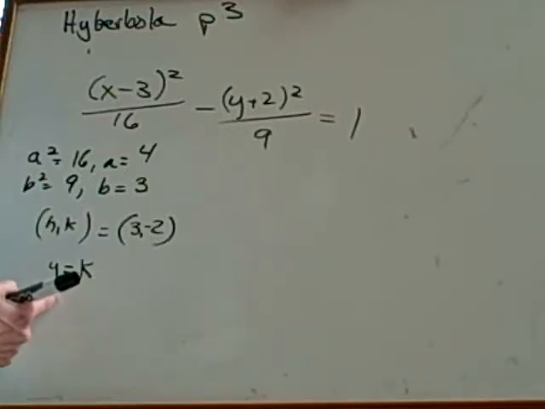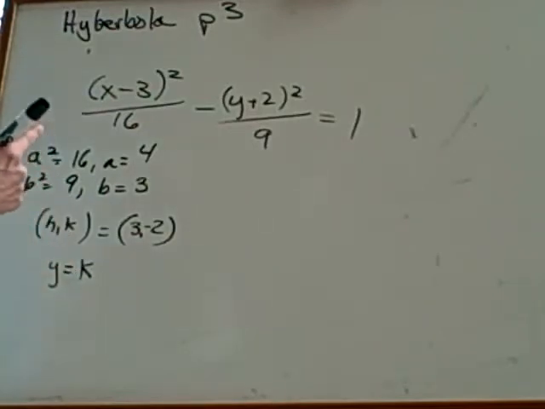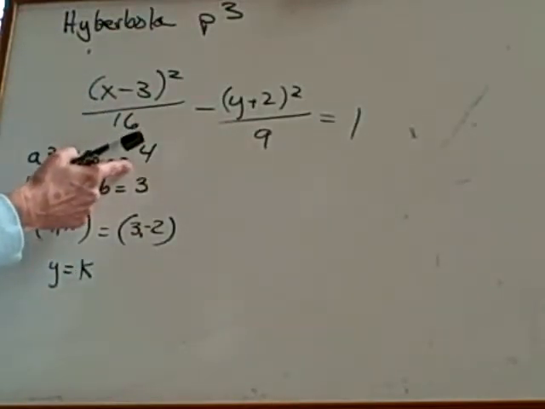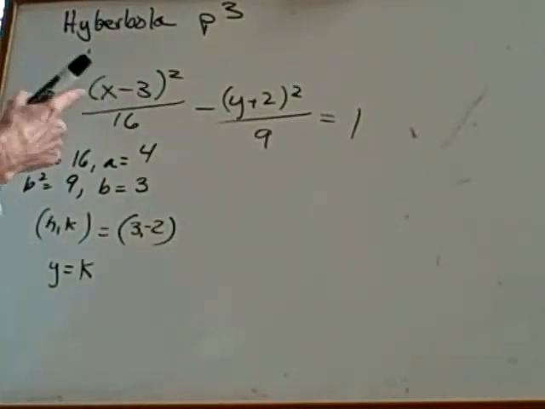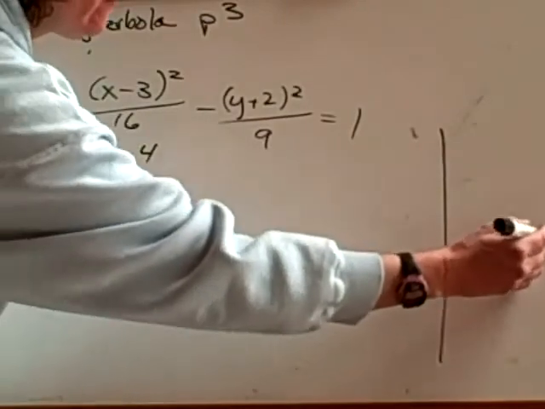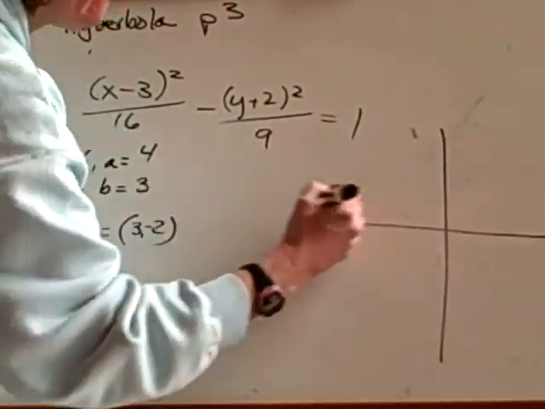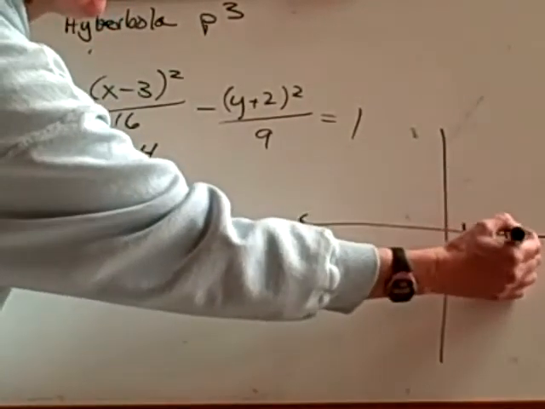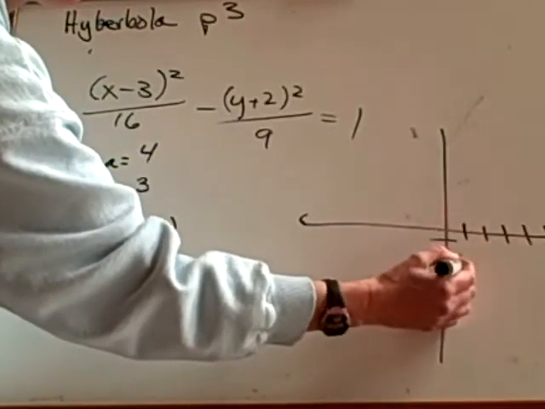To find the vertices, you'd use a comma 0 and negative a comma 0, right? Except my center is not there. So basically, I'm going to use h plus a comma k, and h minus a comma k. Let's go ahead and plot our center. I think it will be better if we just start there.